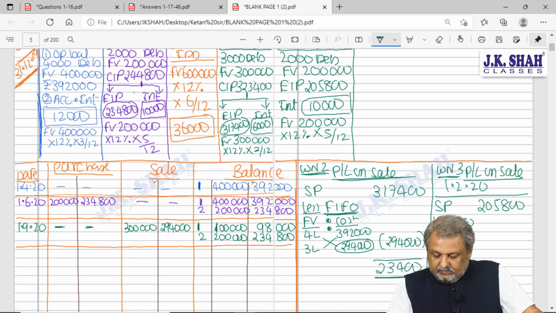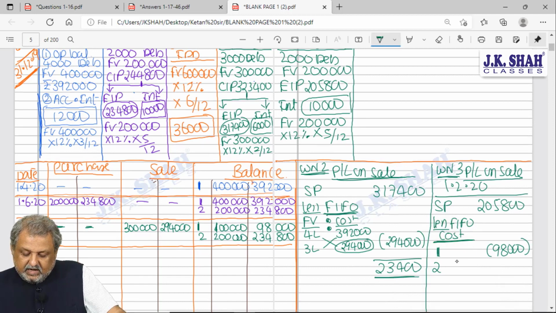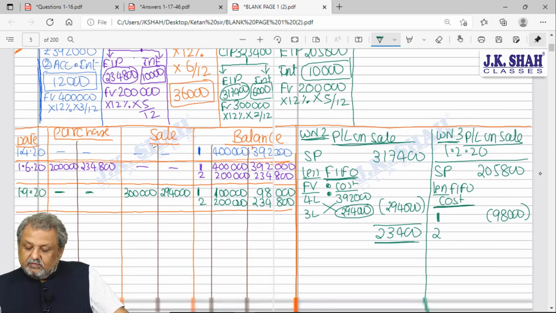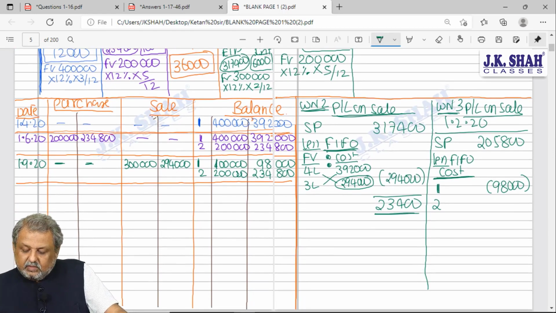So tell me, first lot 98,000 will come? No. But from second lot, have you sold everything? No. Second lot 2 lakhs face value, 2,34,800 is the amount. So 1 lakh is sold, total 2.